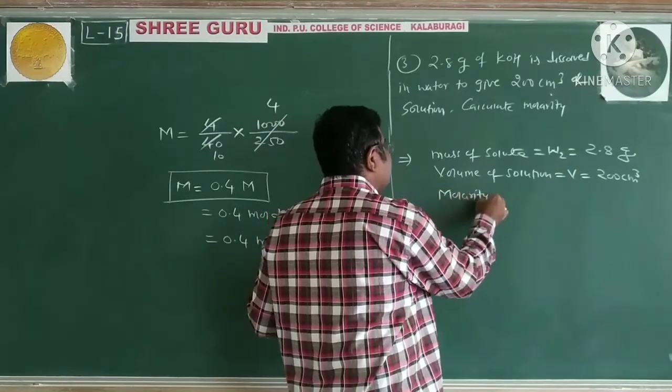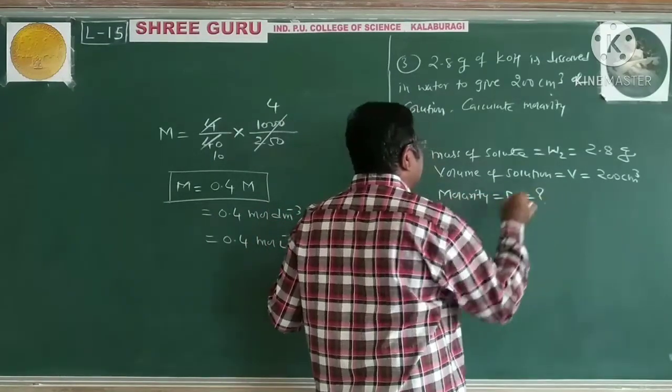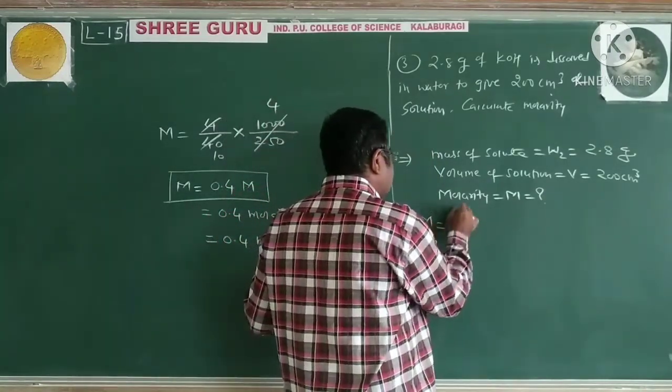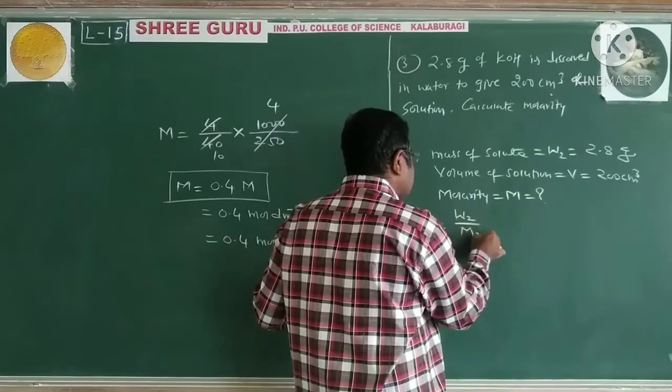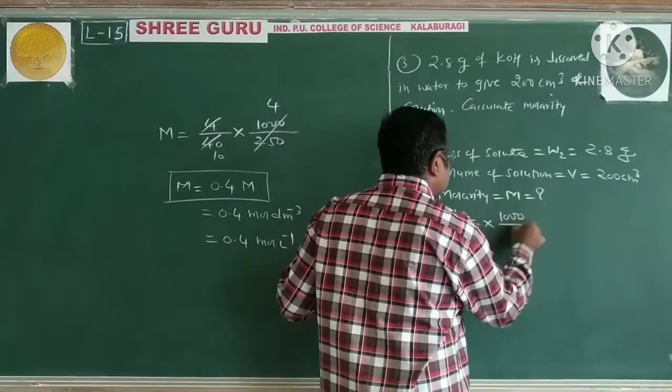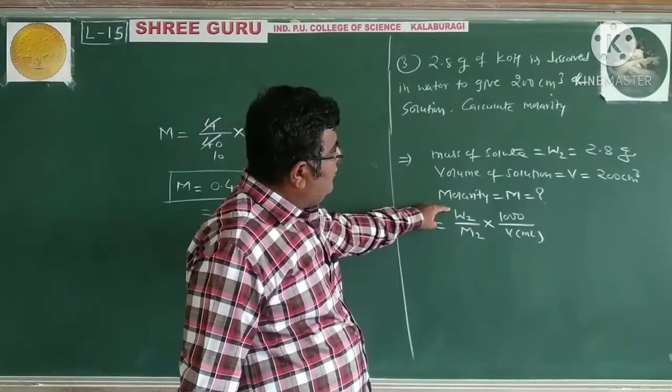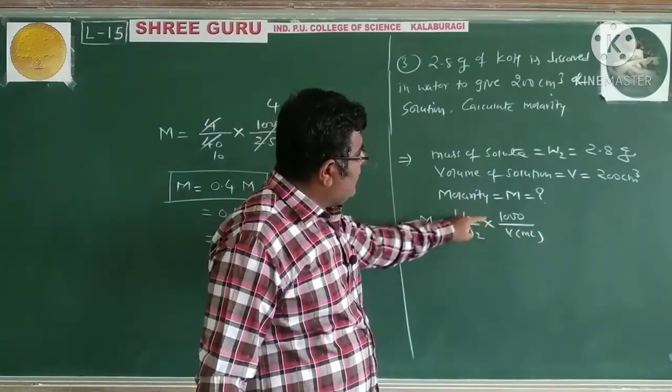Molarity, capital M, question mark. Yes, this is the formula. W2 is known, V is known, 1000 is constant, M2 is not known.